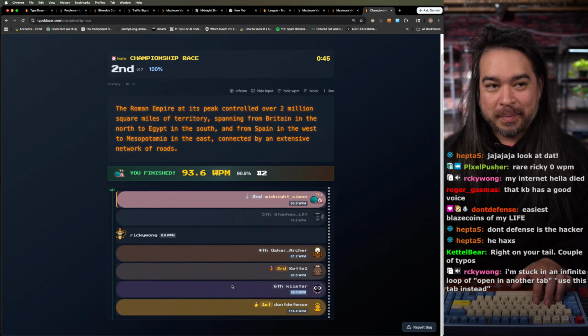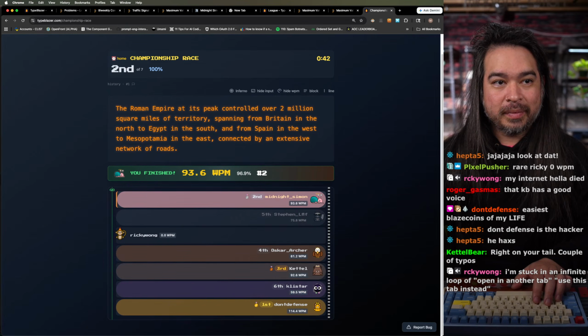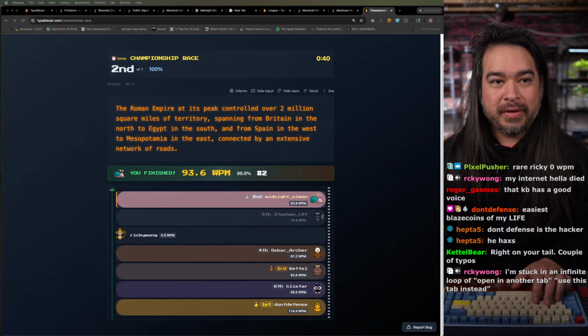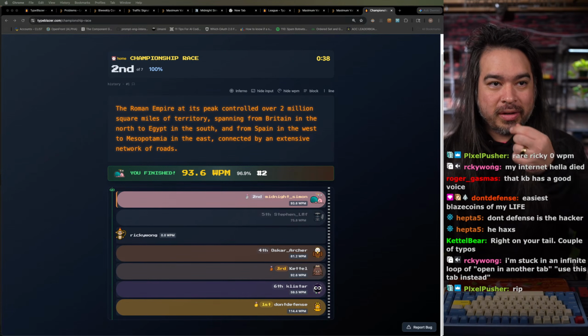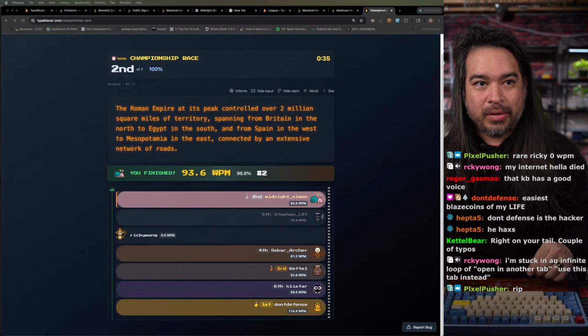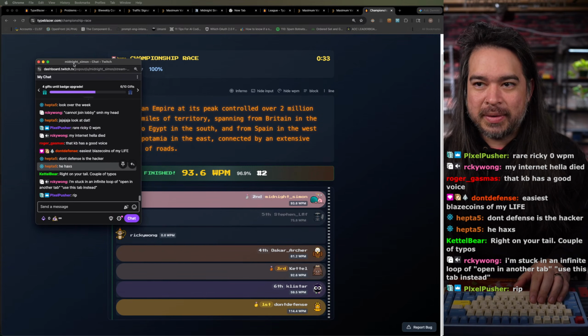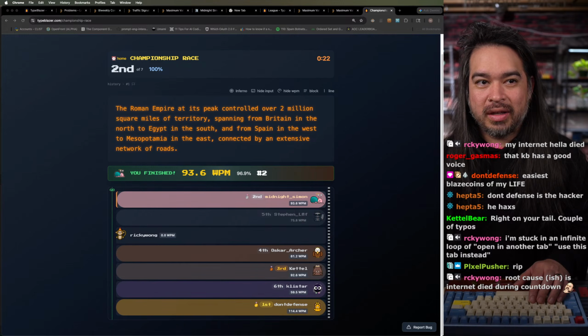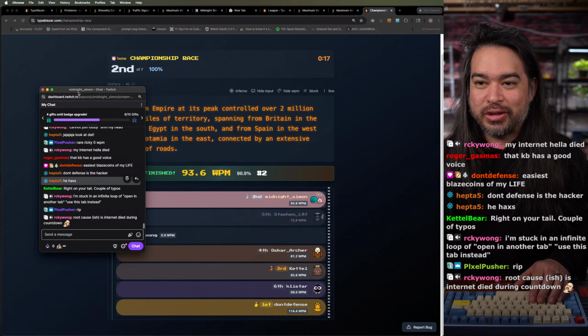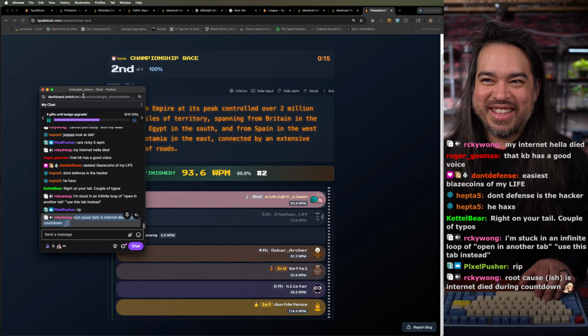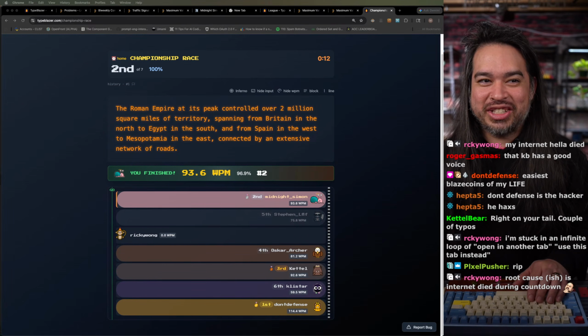I'm stuck in an infinite loop of open in another tab, use this tab instead. Oh no, like even if you close out all the tabs. Maybe we have to wait until this race dies or something. Root cause is internet died during countdown. Alright, I'm gonna have to document that bug, man. That's like a nice edge case.